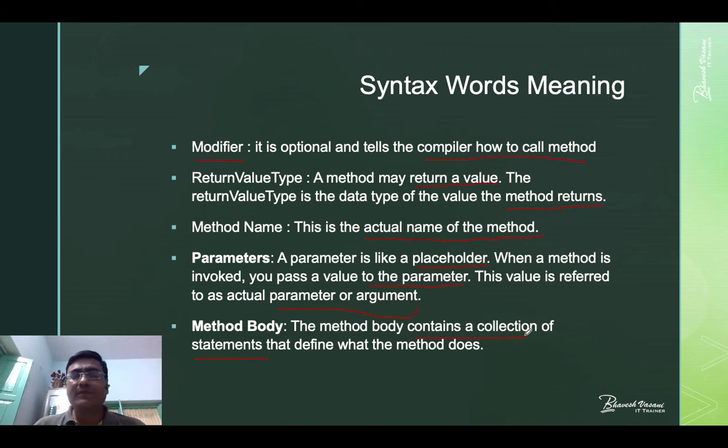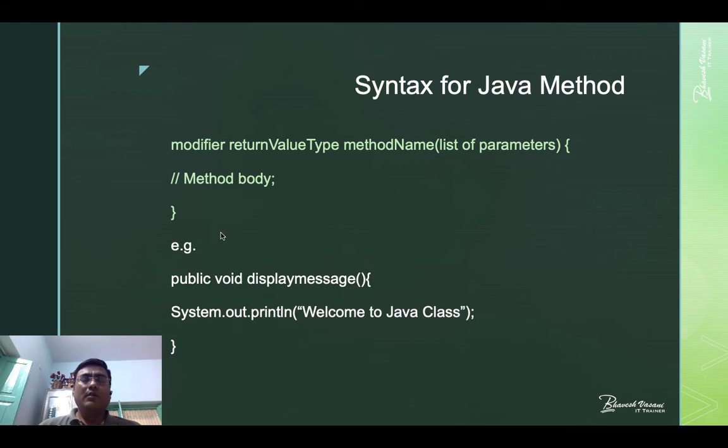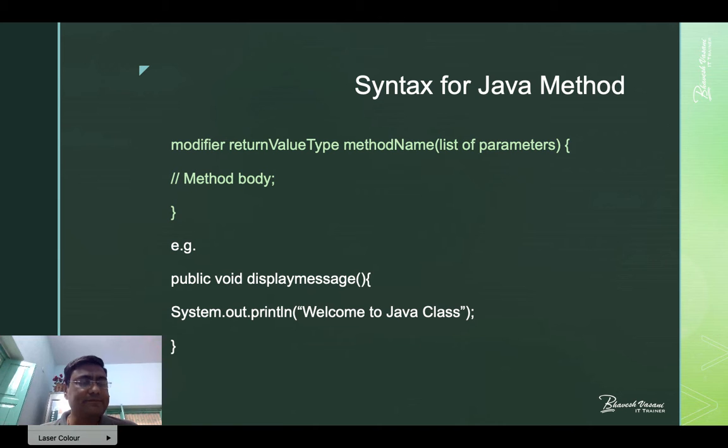Again we are checking the previous slide. First of all is the word public. Public is a modifier. We can put here public, private or protected. The next thing is void. Void is a return type. Return value type means the data type in which we are returning a value.